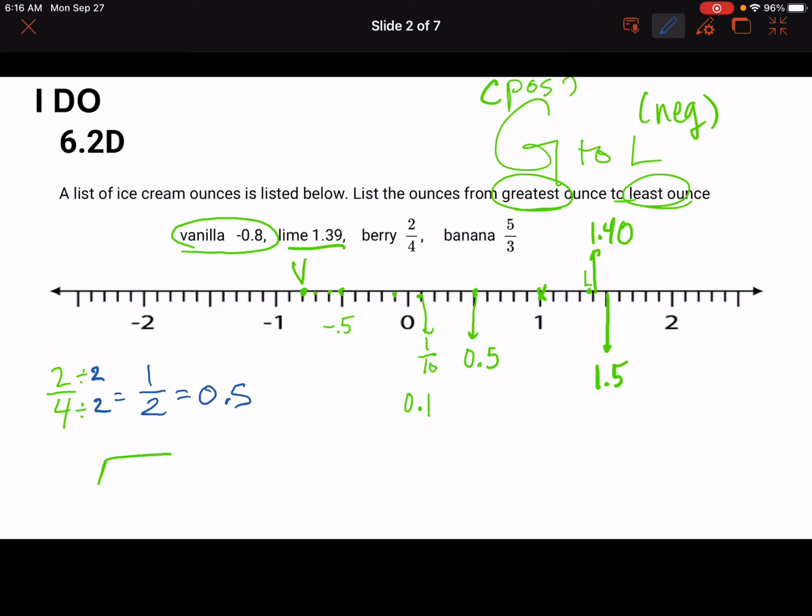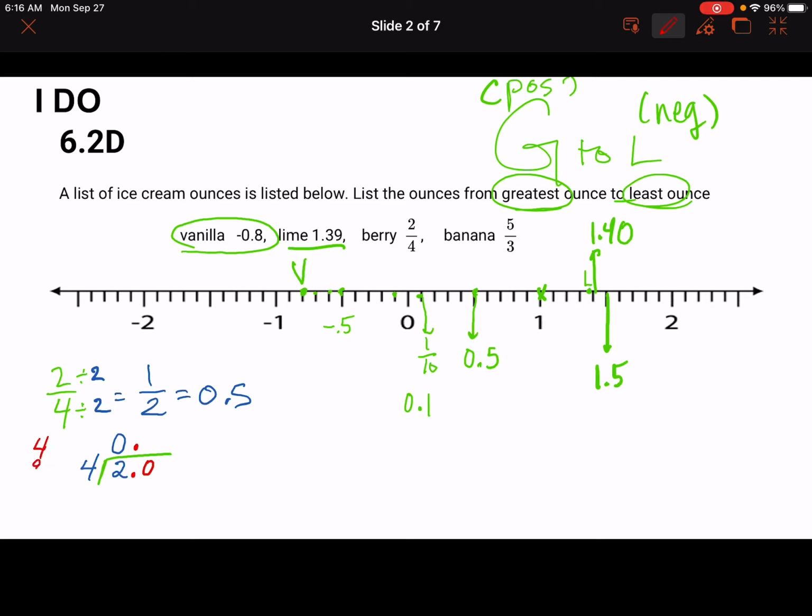If I didn't know how to simplify, I could also divide it out. Numerator goes in the house, denominator goes outside the house. Man on horse. 4 does not go into 2. So we add a decimal and a 0 and bring your decimal up. 4 goes into 20.